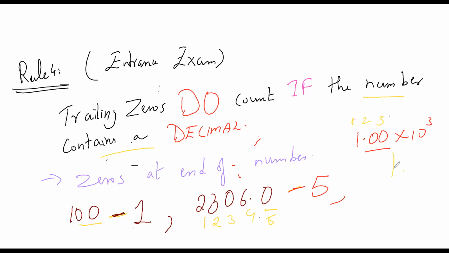So the answer is 3 for this also. The 10 cube, we'll just leave it off. We only count the 1.00 and not the 10 power 3. And in your entrance examination, the one which will come is this model.